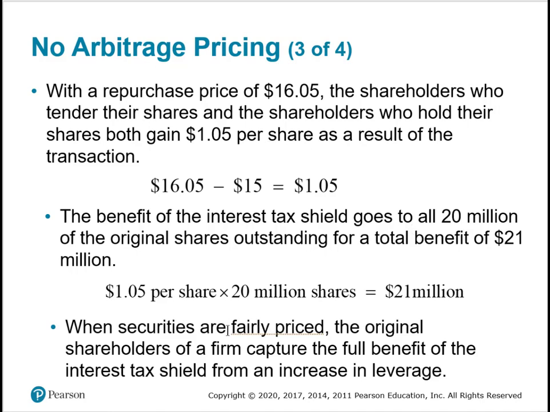So again, when securities are fairly priced, the original shareholders get the full benefit of the interest tax shield when there's an increase in leverage. Now we're going to talk about this a little bit later on when we incorporate other variables into this discussion.